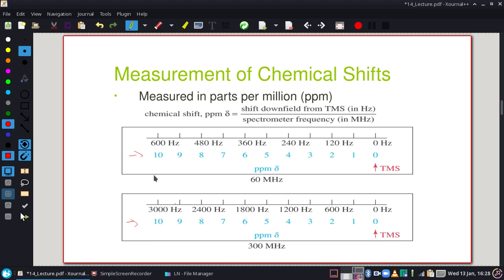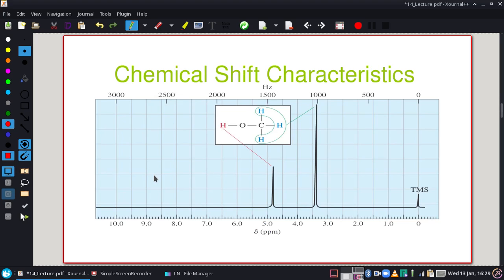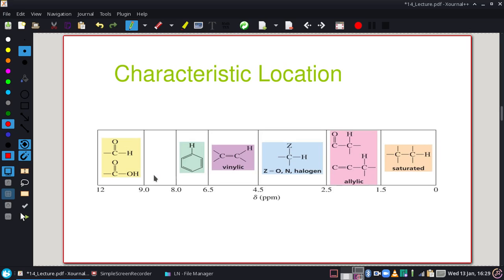What I mean by a specific location is that we can use something like this and say, okay, here's where we're expecting things to show up. Like our benzene molecule, we're expecting the peaks for a benzene molecule to show up between 7 and 8 on this ppm scale, yet the same type of hydrogen off a carbon that's single bonded is going to be down here under 1.5.